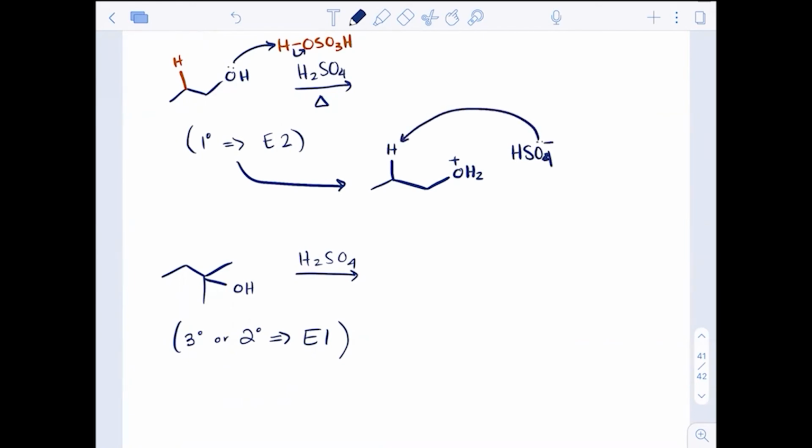And then we'll do our E2 proton transfer with our loss of a leaving group to complete our E2 mechanism.